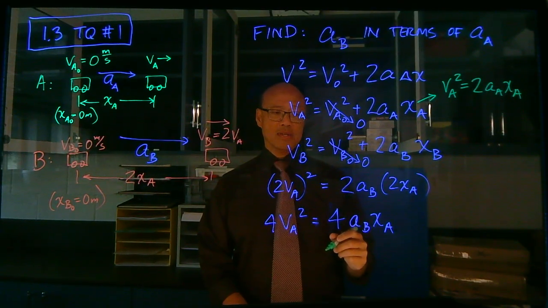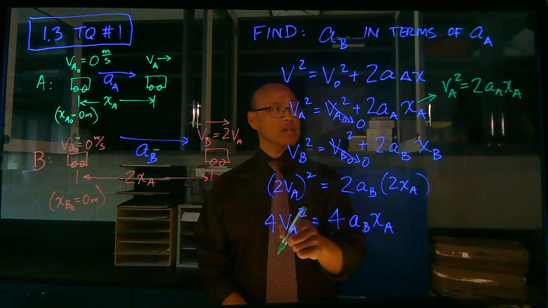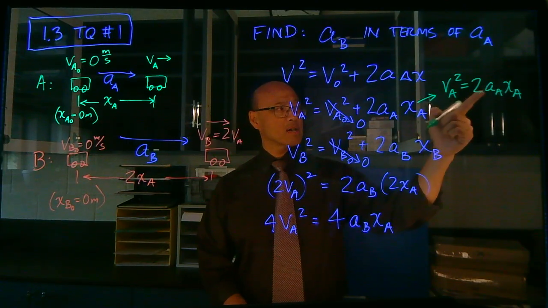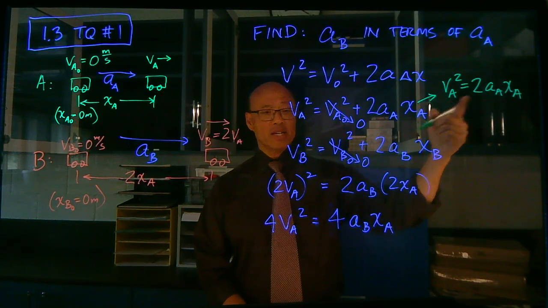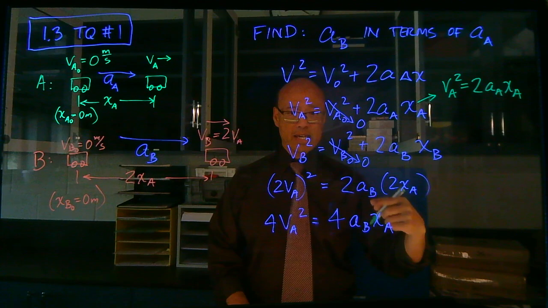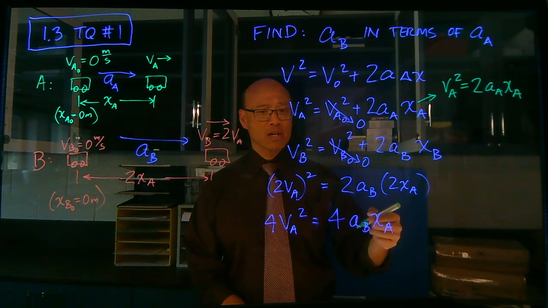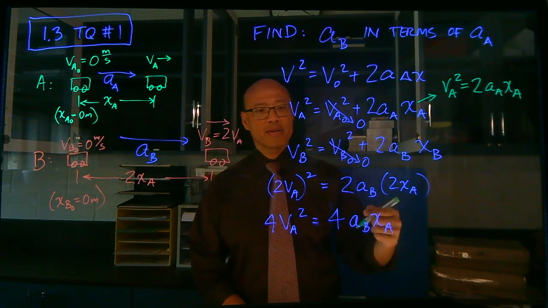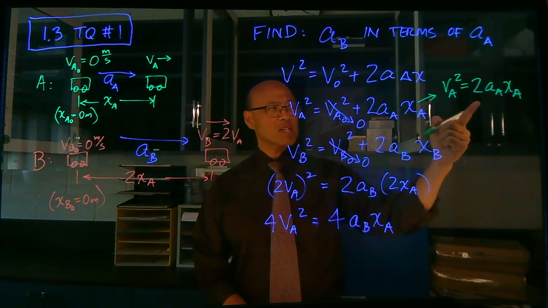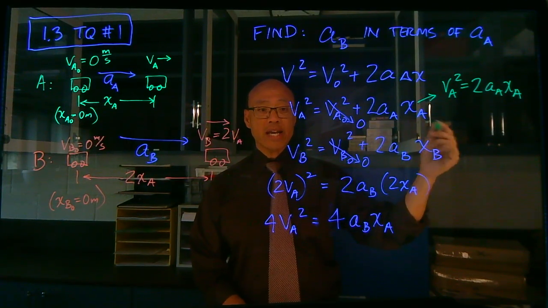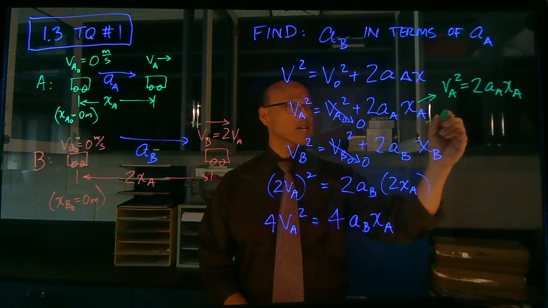All right, that's kind of interesting. I've got XA, VA. Looks like I've got AB and I've got AA. It should feel like we're getting closer. But I want AB in terms of AA. So what's AA? Maybe it'll help me to see what AA is if I just rearrange things so it's isolated.